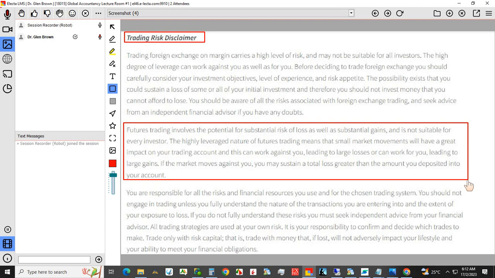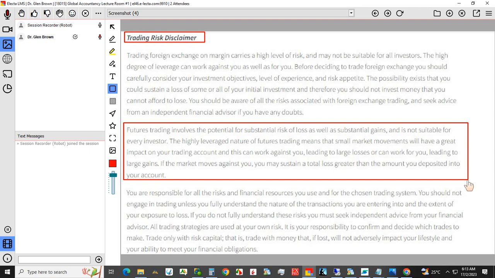You are responsible for all the risk and financial resources you use and for the chosen trading system. The Global Algorithmic Trading software that is embedded in this course is to aid your decision making. You are responsible for the configuration to suit your trading style.